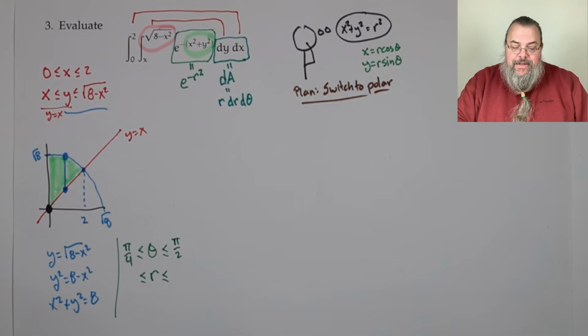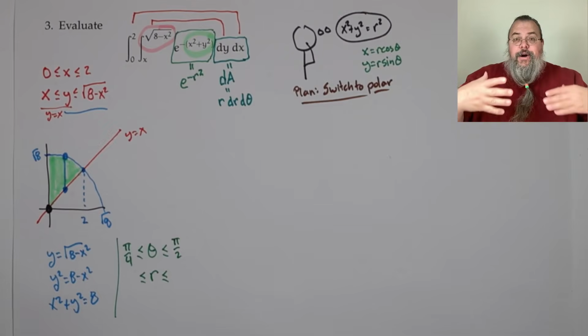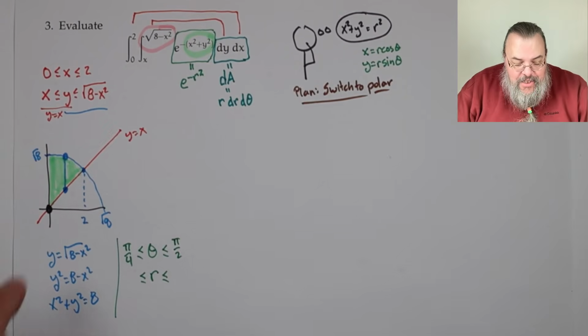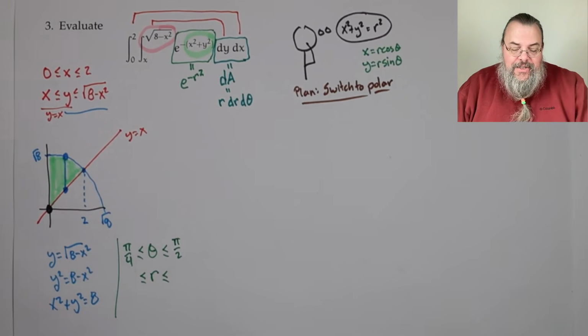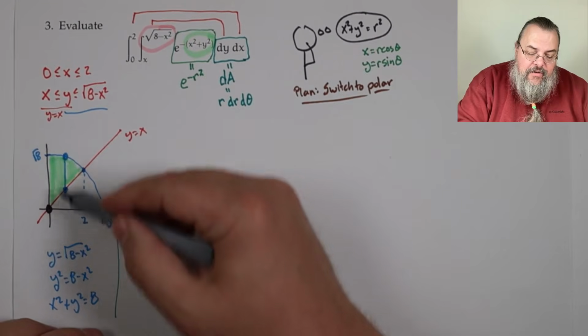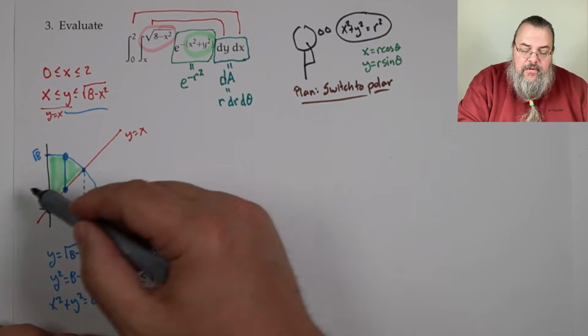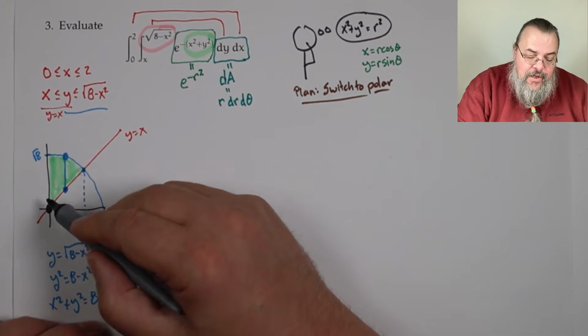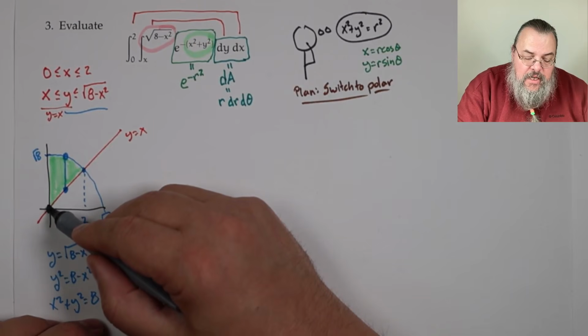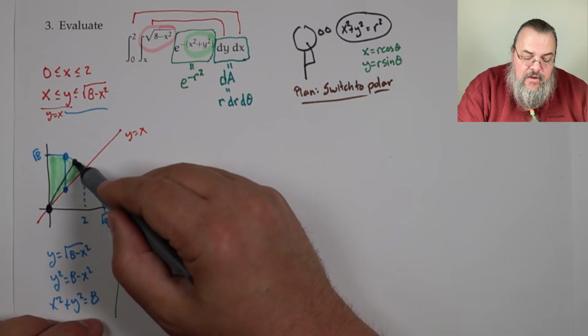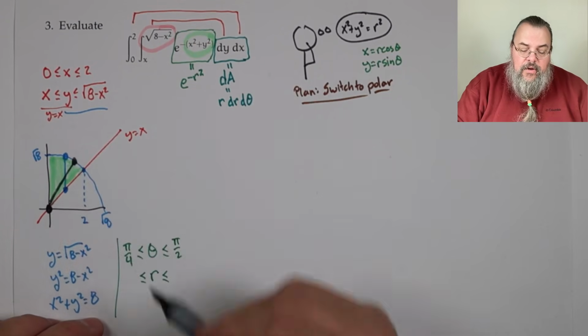Now, where does r go from? And remember, we always talk about it in relation to the origin. So in dy dx, you slice up and down or left and right. In polar, you slice from the origin out. So where do we start?